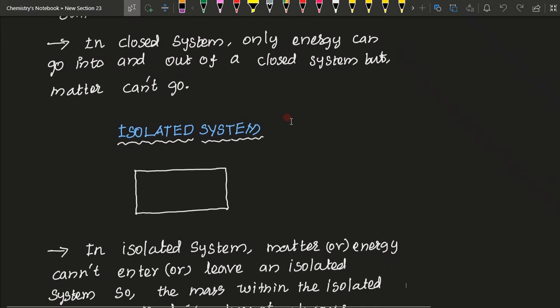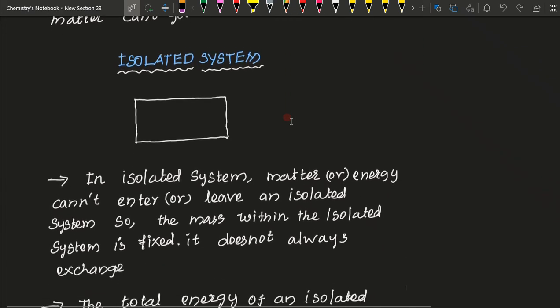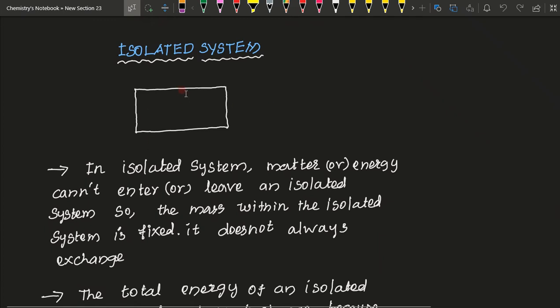Next, isolated system. This is the isolated system. We know that isolated means separating like this.